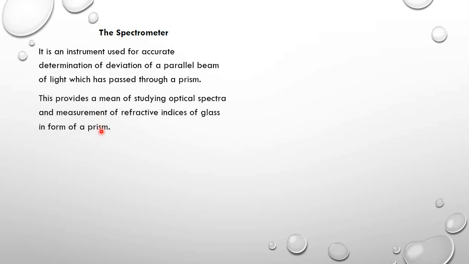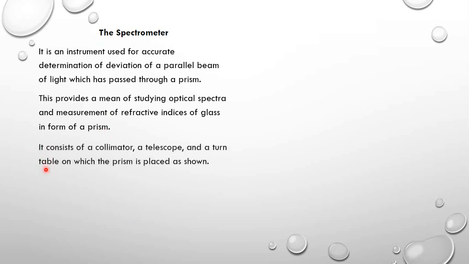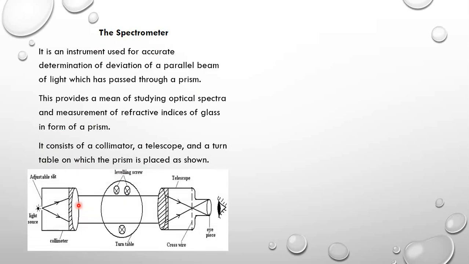Now, we had already looked at the parts of the spectrometer. A spectrometer consists of a collimator, a telescope, and a turntable. And it is on a turntable that we actually place the prism. Let's look at how it looks. This is the collimator.